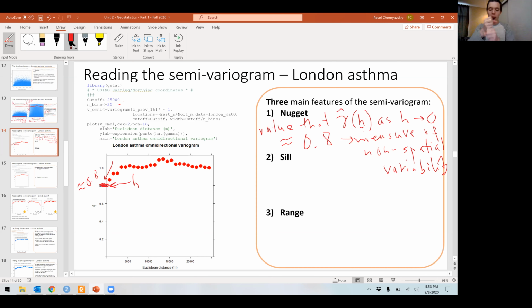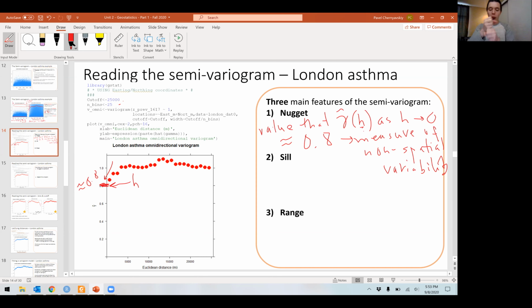Okay. So I said past a certain point, the variogram no longer increases with distance, and instead the variogram remains stable as distance grows. So what is that point? That point appears to be right there, a little bit less than 5 kilometers. And that is our range.